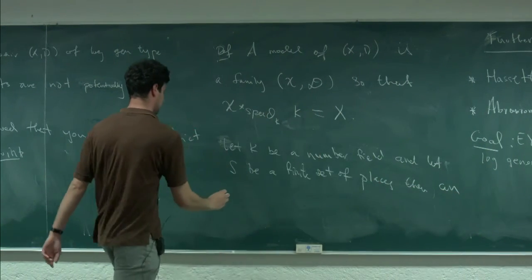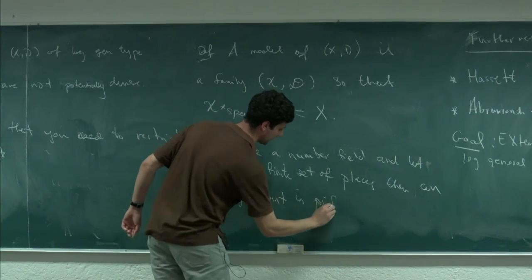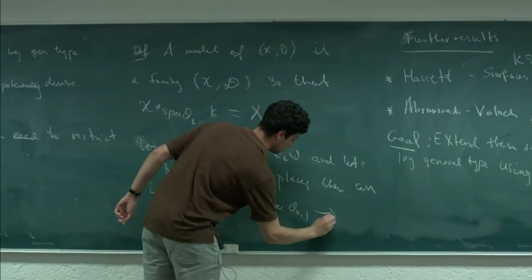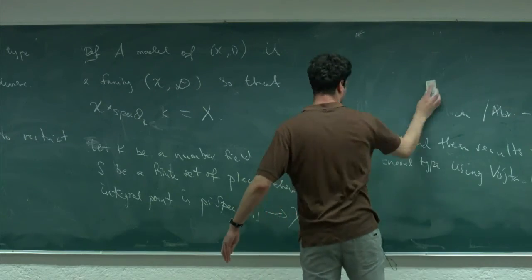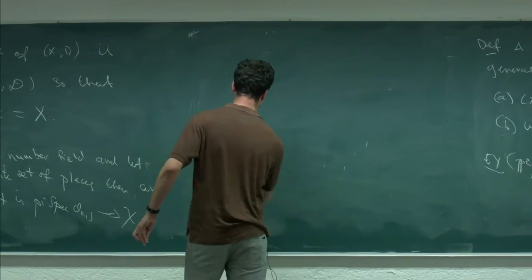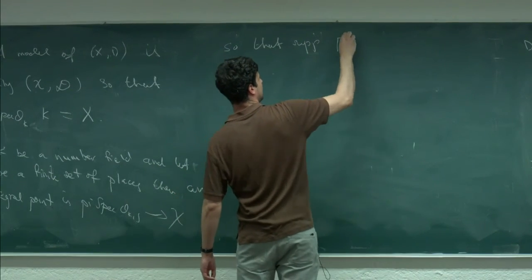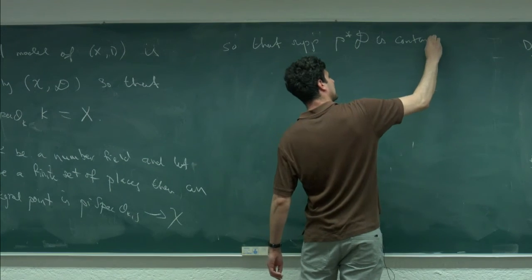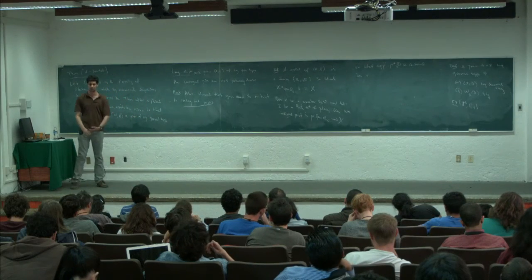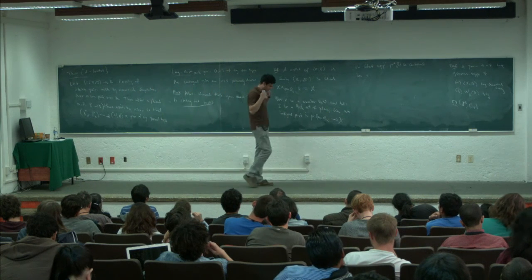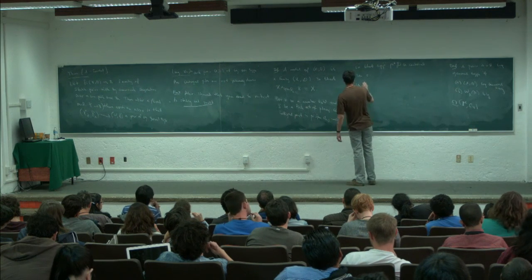Then an integral point is a section P from Spec O_{K,S} to X, so that the support of the pullback of D is contained in S. How you should be thinking about this is, to have a pair (X, D), what I'm really interested in is the complement of D inside X, the quasi-projective variety X minus D. Everything is with respect to X minus D. So when I say something like dense, I mean with respect to X away from D.